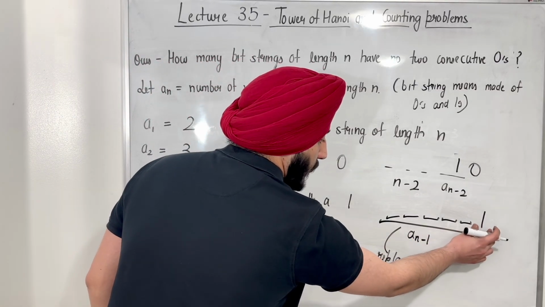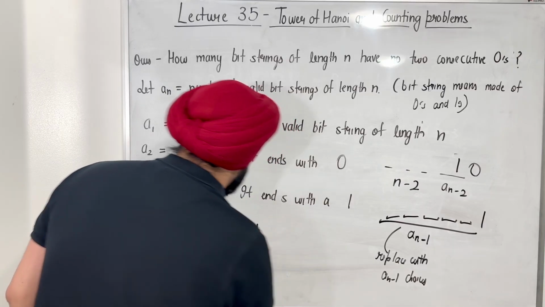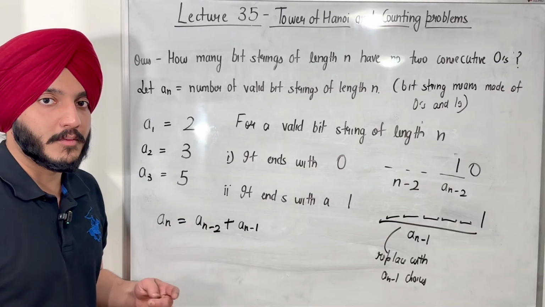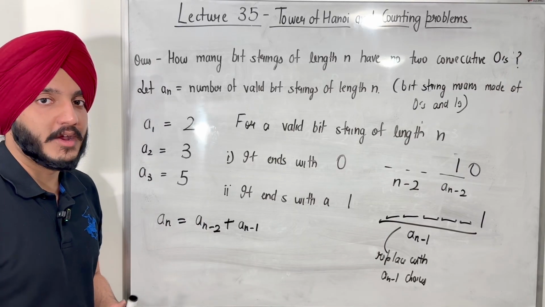If the final value is 1, I can replace it with a_(n-1). And that would be your final answer. And if you remember, this is basically the Fibonacci sequence. I hope you were able to understand this lecture, and I'll see you in the next video.